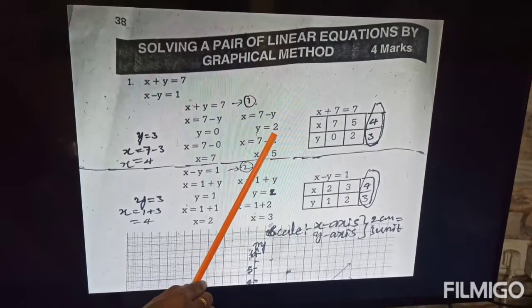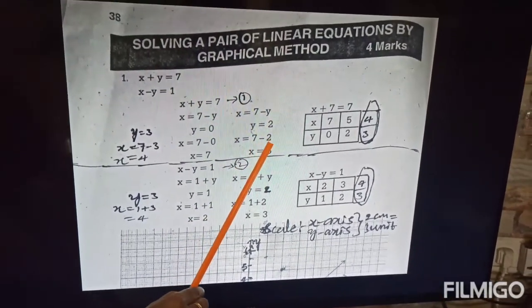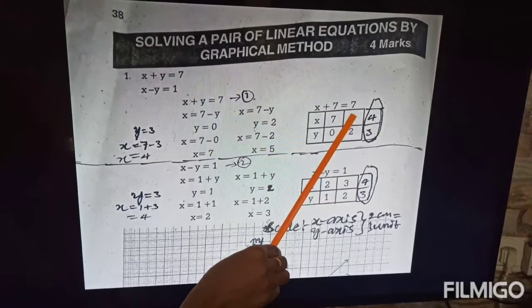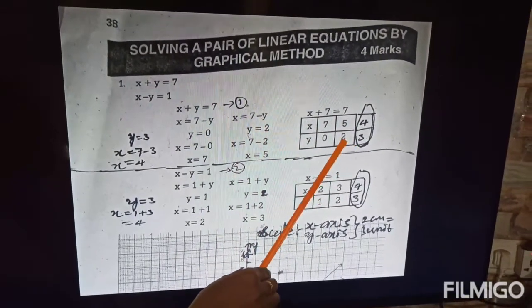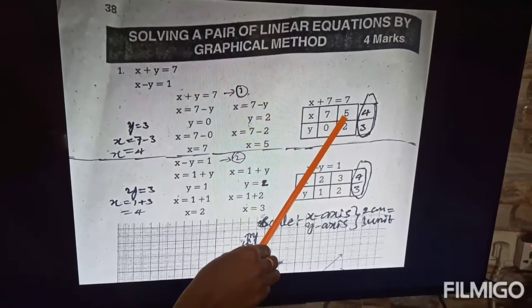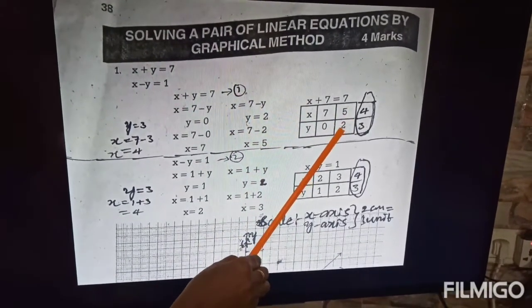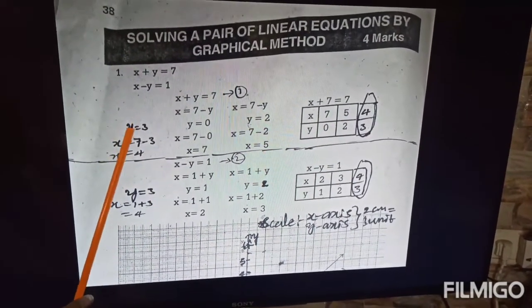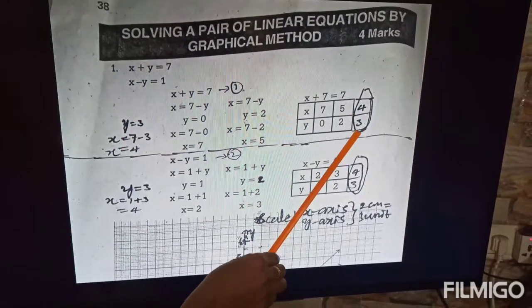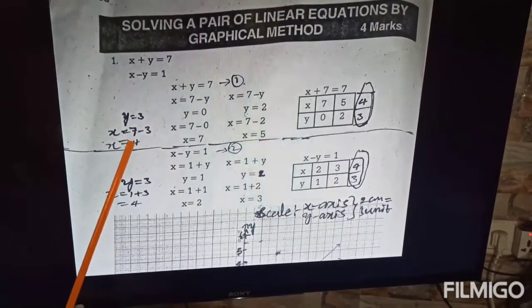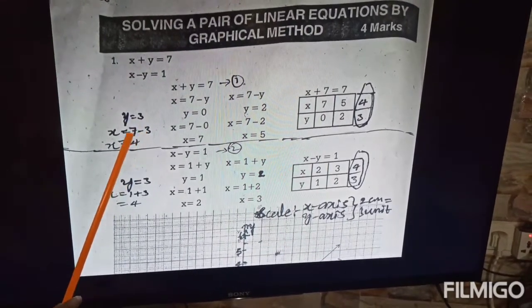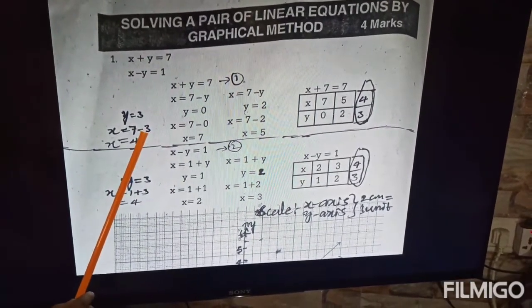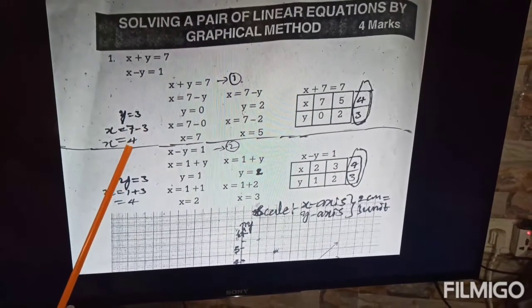Then in place of y, if we replace 2, then 7 minus 2 is 5, so x is 5 and y is 2. Then if we replace y by 3, we get x equal to 7 minus 3, which is 4.